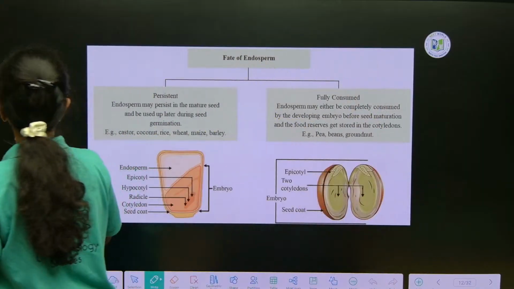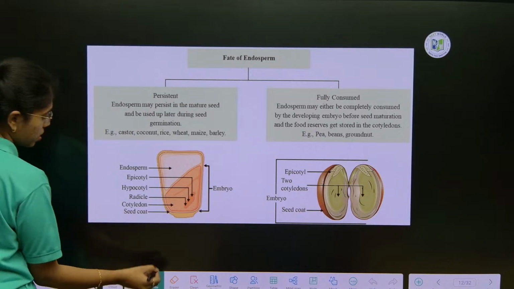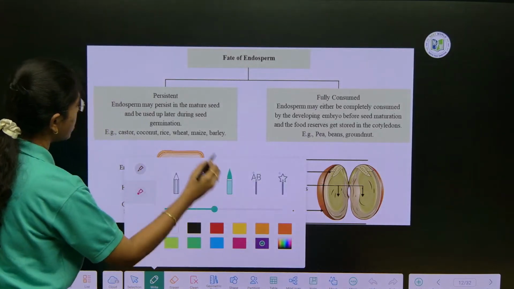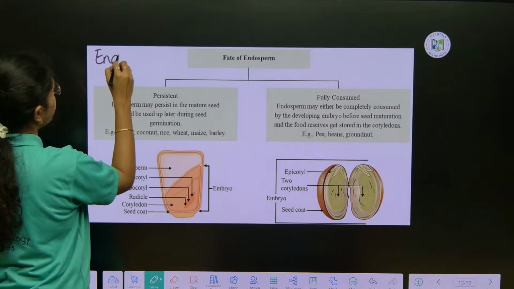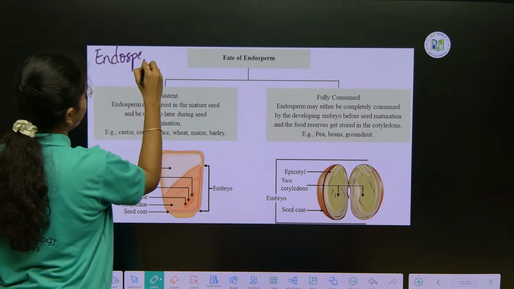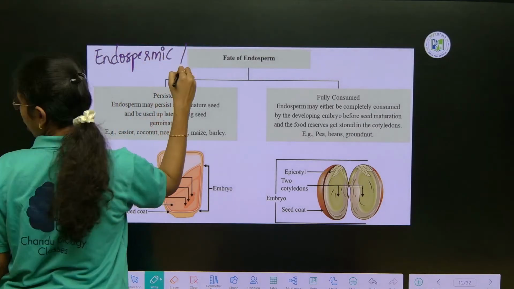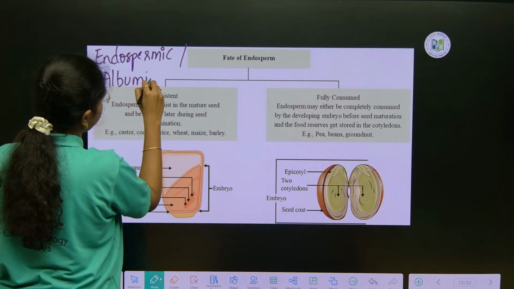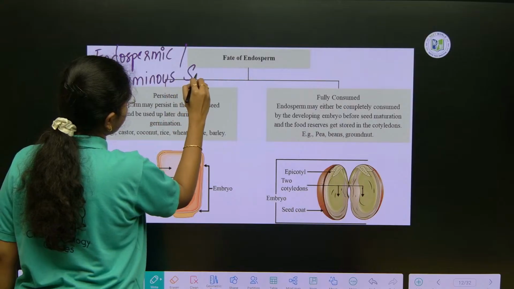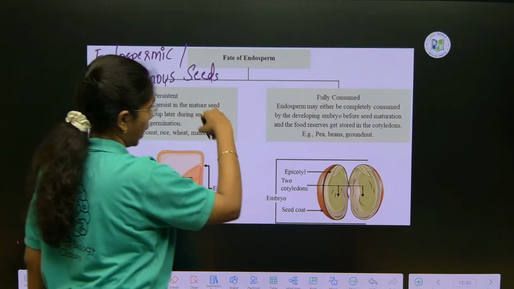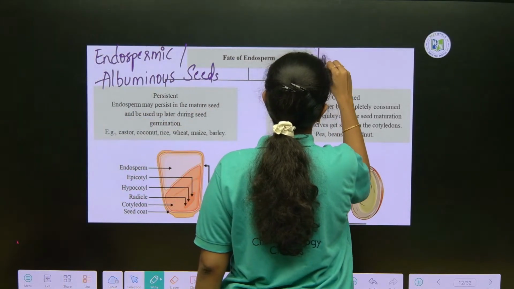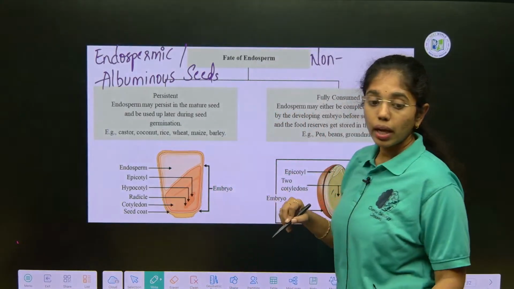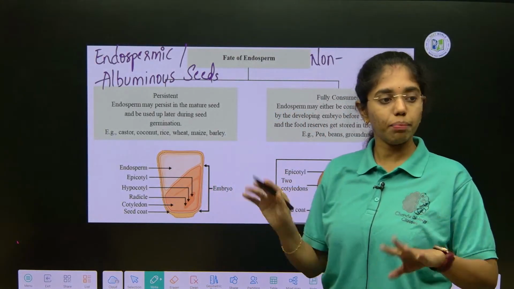Endospermic seeds are also addressed as albuminous seeds. And then in non-endospermic seeds, during embryo development, endosperm is completely consumed.